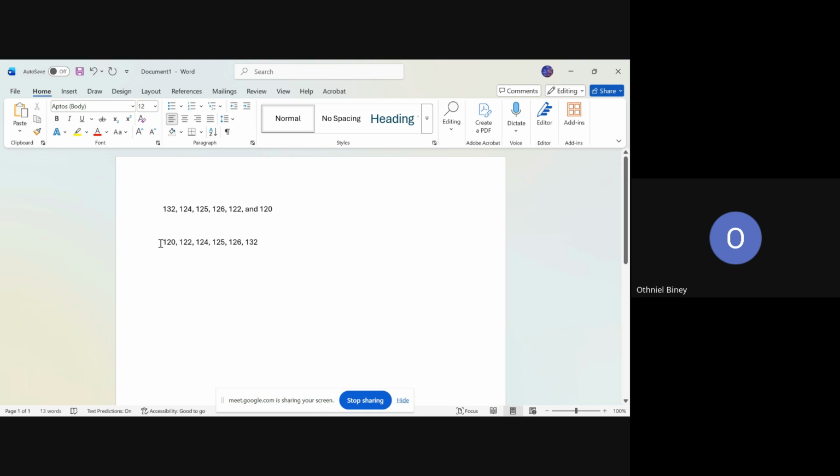If I'm giving values like this, the first thing that would come to mind is that the odd number out is automatically going to be 132, because 120 is close to 122, 122 is close to 124, 124 to 125, 125 to 126. These numbers are close to each other, so the only odd number out here is 132, right?